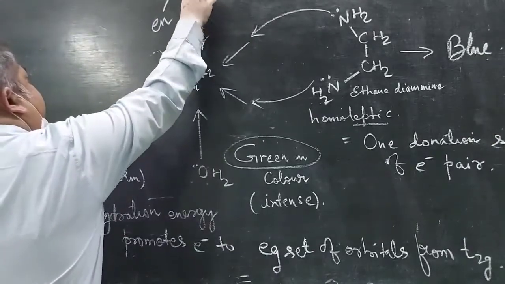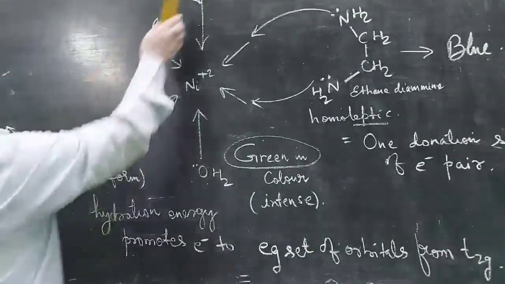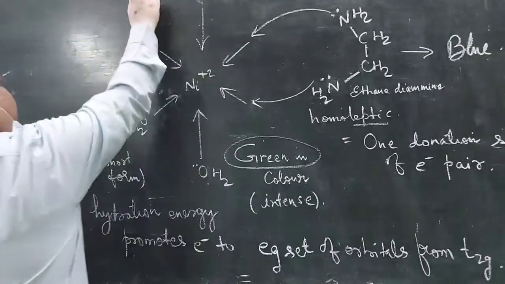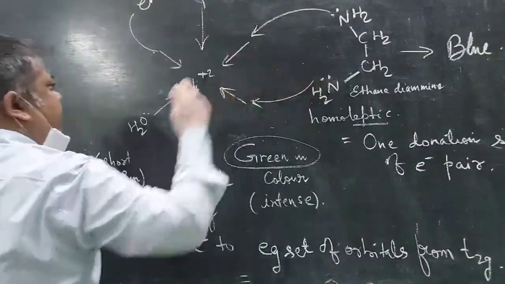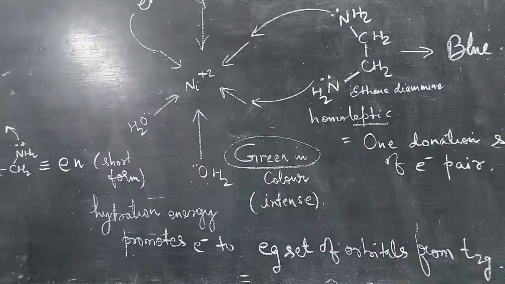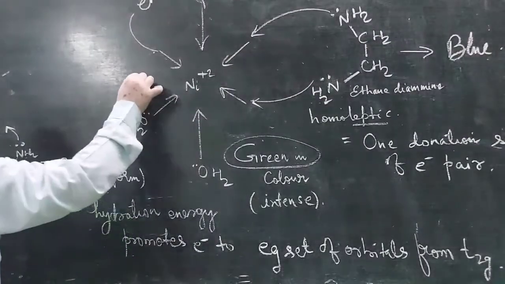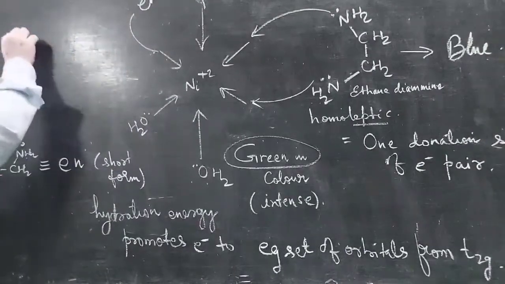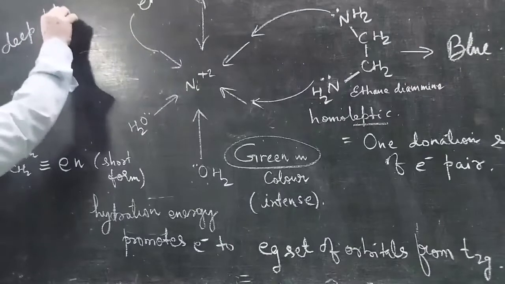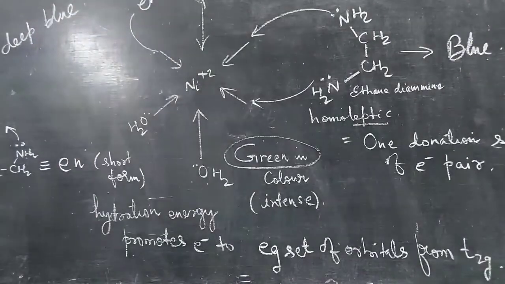It is easy to write en rather than this big molecule, isn't it? So we use quite a few short forms. This is also en, but in molecular form. Then it will become deep blue. Alright.